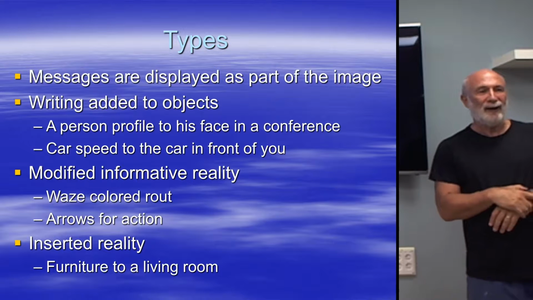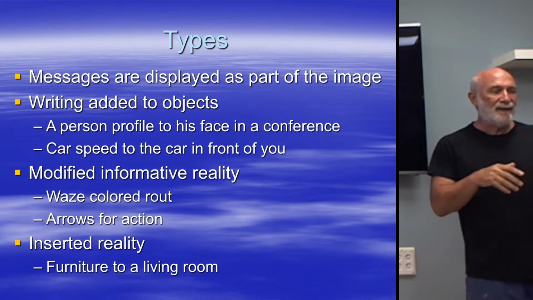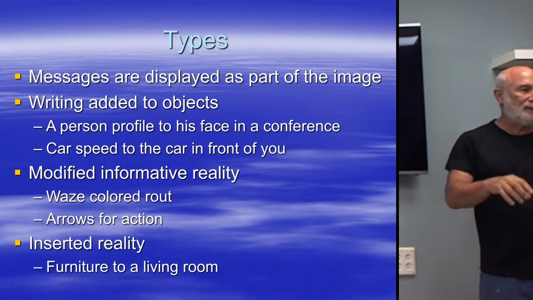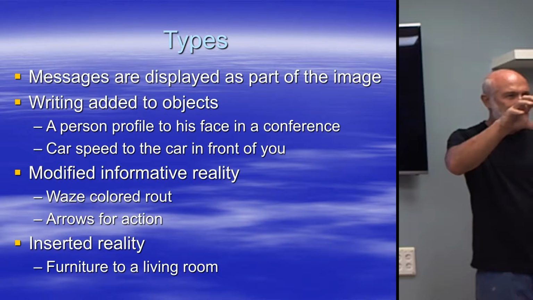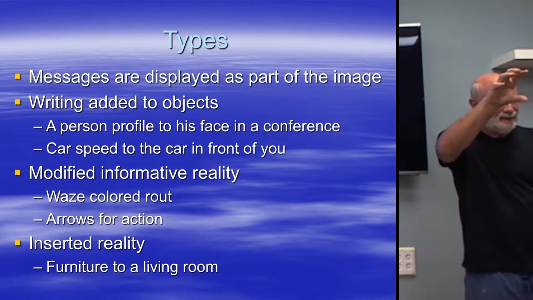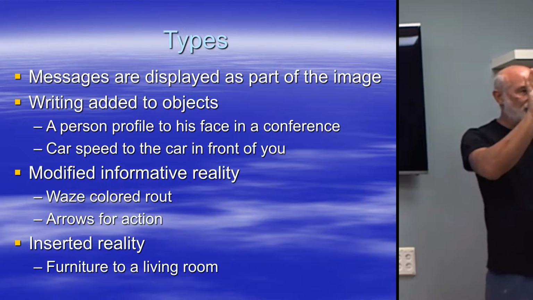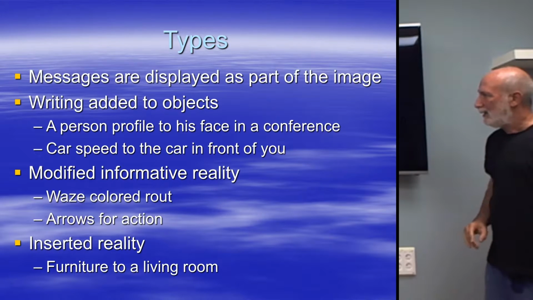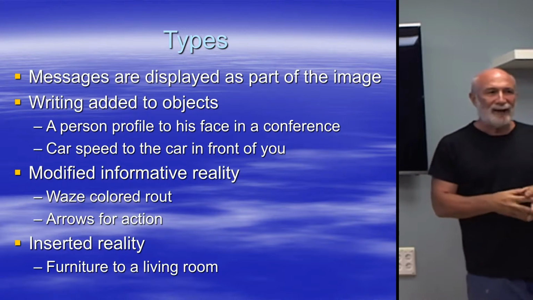Or you are at a soccer or football game, and you can see information on a certain player or a certain statistic on the field. But these are basically characters which are put on top of certain objects.